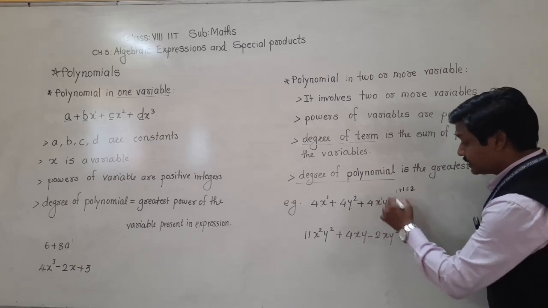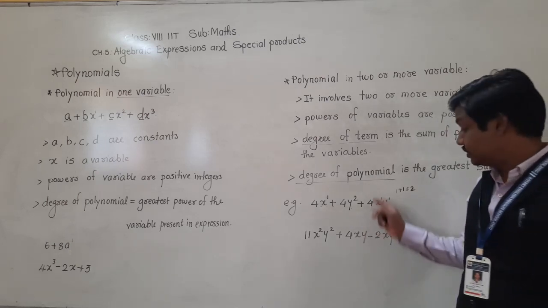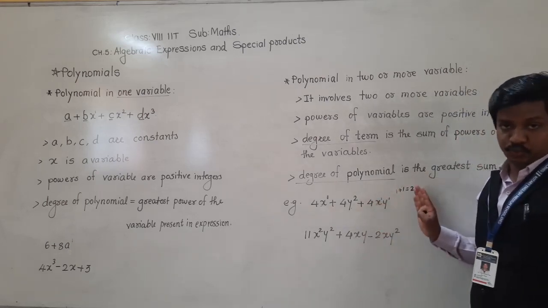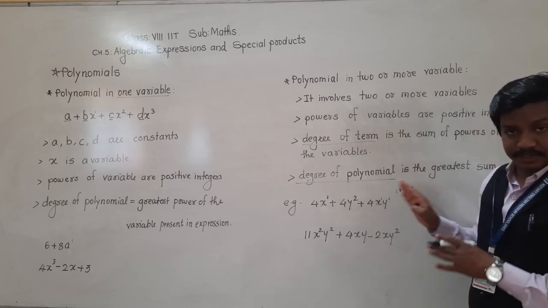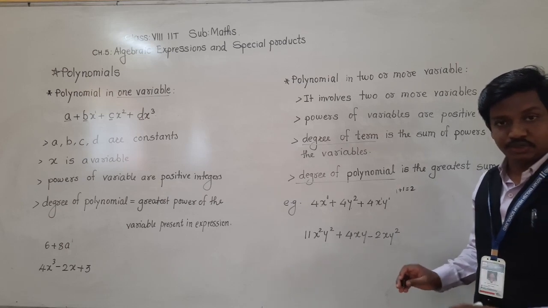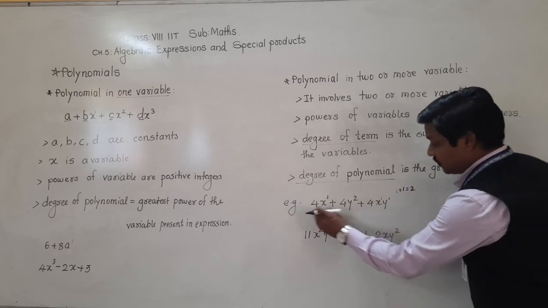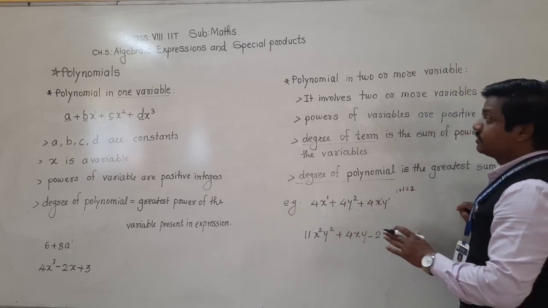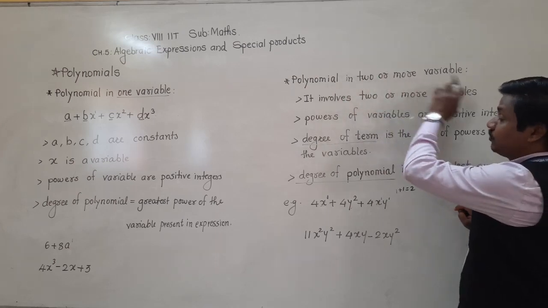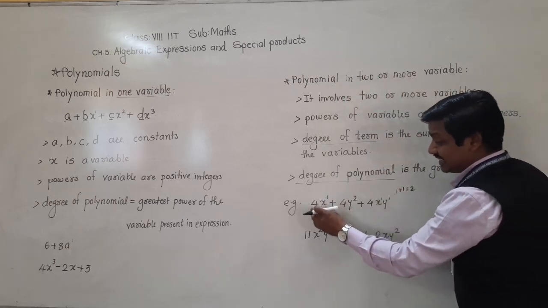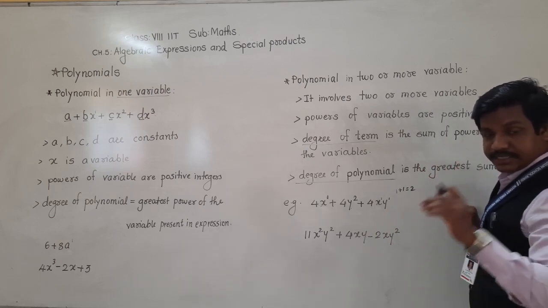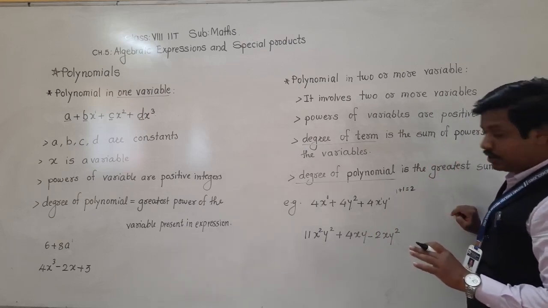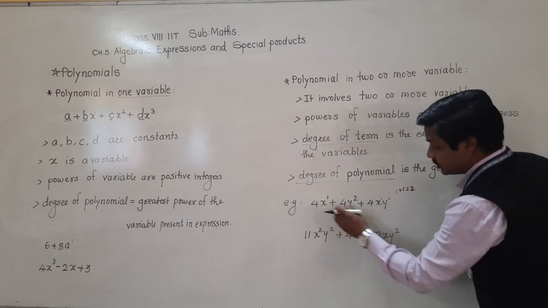So the degree of this term is 2. Sum of the powers of the variables present in that term. Understood? So first we have found the degree of each term in this polynomial in two or more variables, because there can be two or more variables present in each term.